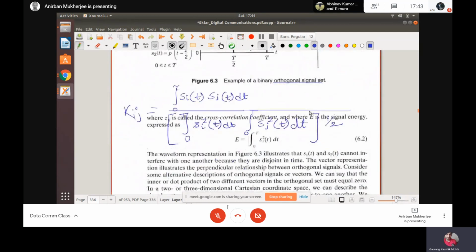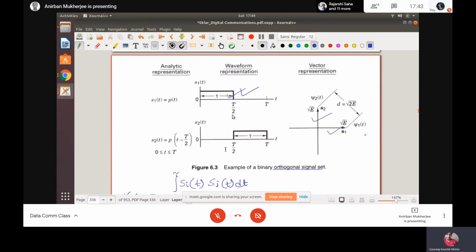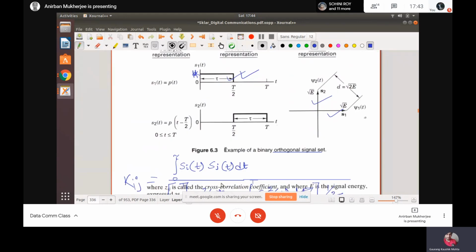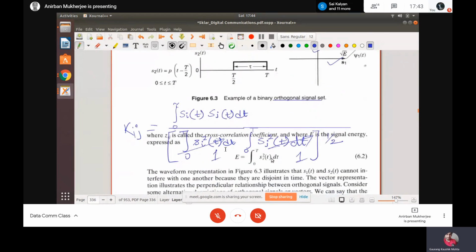Generally what we are assuming is this term is 1, also this term is 1, so the correlation I can take like this. If the magnitude is m, then it is m squared times T/2. If I take that as 1, then basically the denominator is 1.